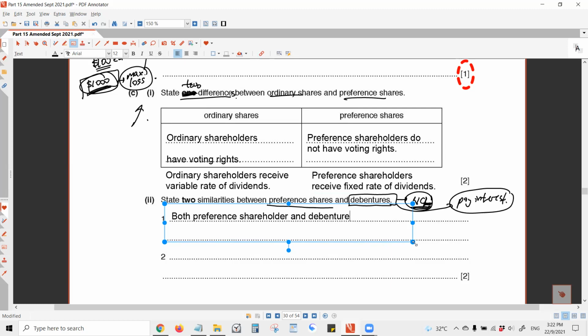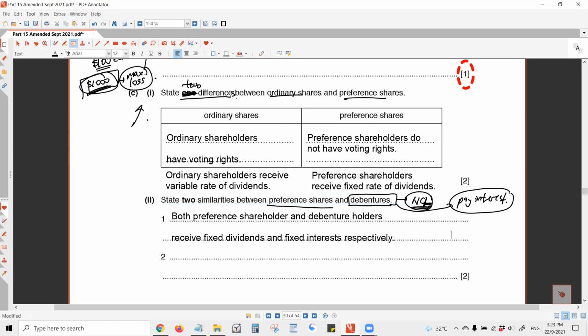The person who lends money to the company is known as a debenture holder. The company is the borrower, and in return debenture holders get interest. Both receive fixed dividends and fixed interest respectively.